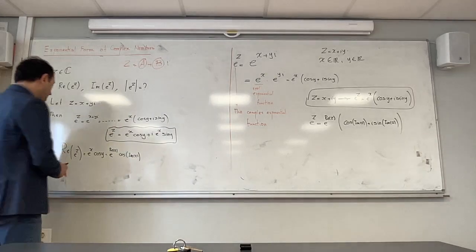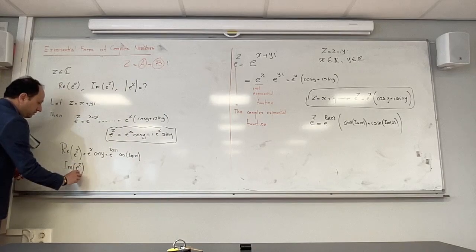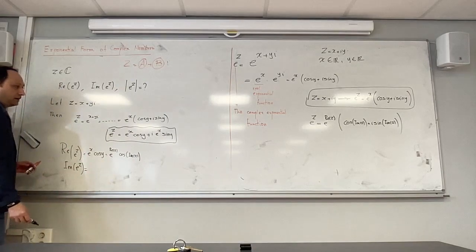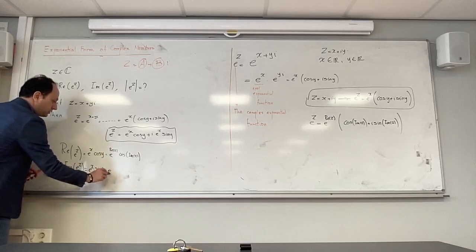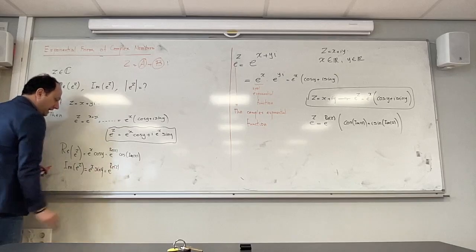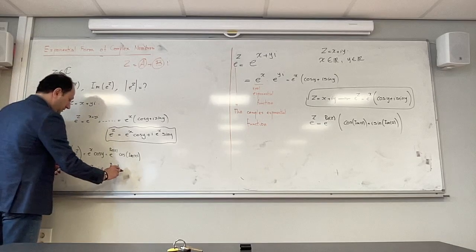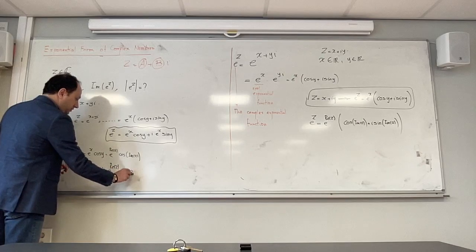Okay? And now here, what is the imaginary part of e to power z? The coefficient of i. So which is e to power x sine y, but if you want to express it in terms of z, e to the power of real part of z again, and then sine of imaginary part of z.